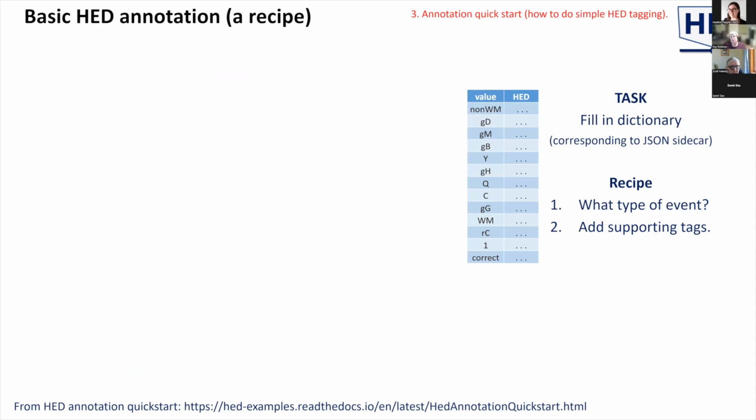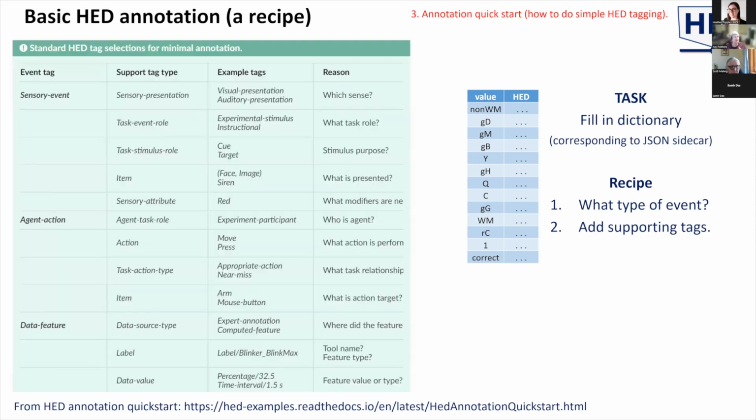What we're going to do is give you a recipe, which is: what kind of event, and then once you've selected what kind of event it is, how you add supporting tags. In our online tutorials, the HED annotation quick start, we have a table which will allow you to do a basic HED annotation fairly quickly.